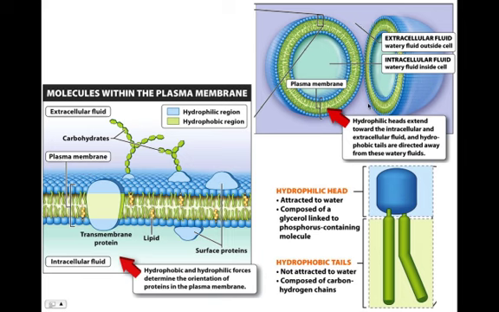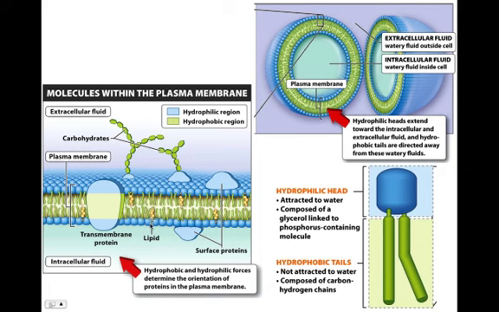So it ends up creating this kind of ball shape here with all of the heads of the phospholipids facing out and in the cell, and then our fatty acid tails in the center of our bilayer. It's mentioned that the blue region is our hydrophilic, or water-liking, region, and our hydrophobic region is this green center region.